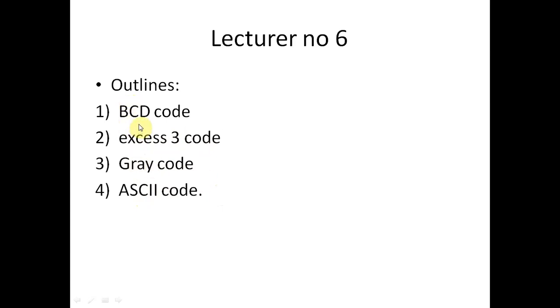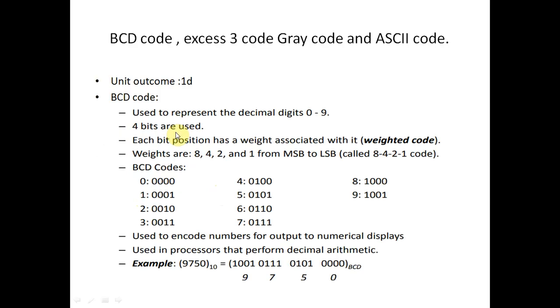We already studied BCD code in lecture number 5. What is the meaning of BCD code? BCD is nothing but binary coded decimal. BCD code is used to represent the decimal digits 0 to 9. 4 bits are used to represent BCD code.